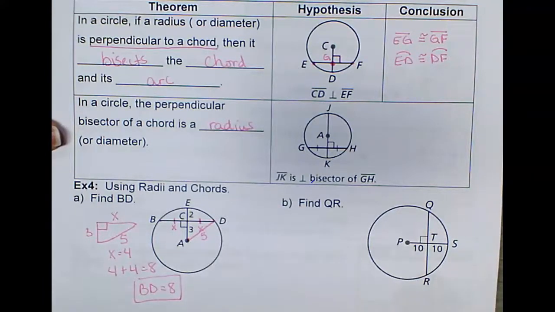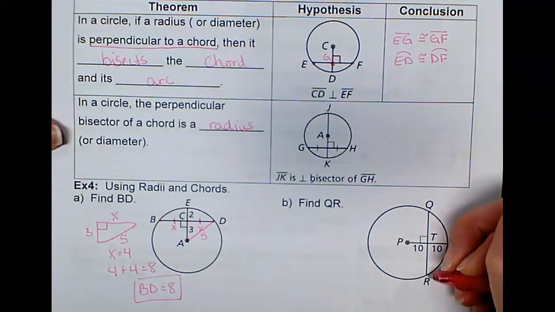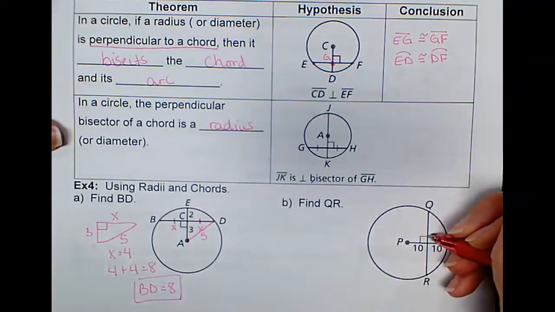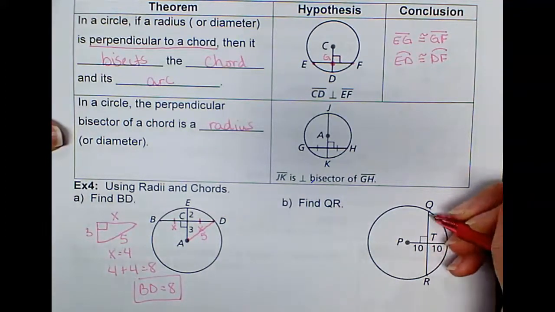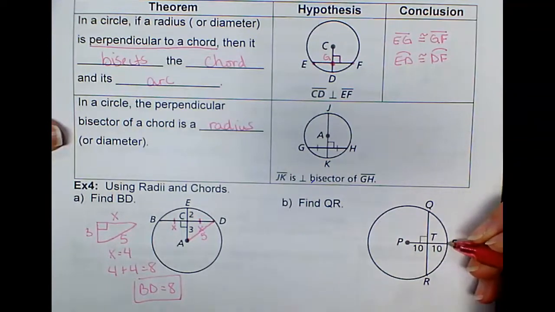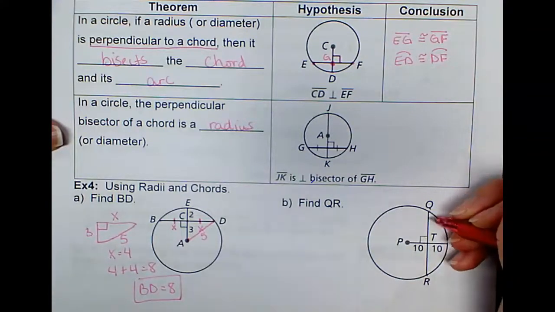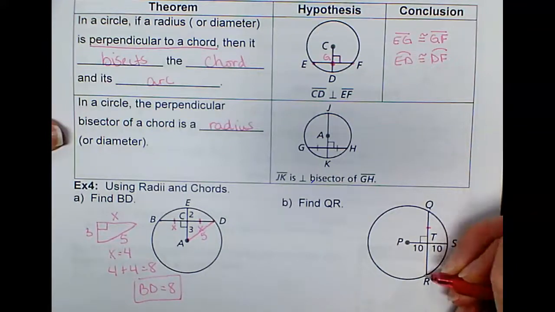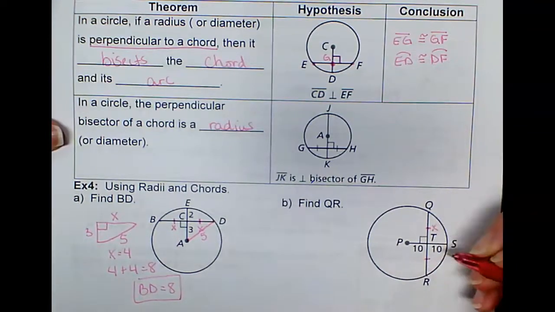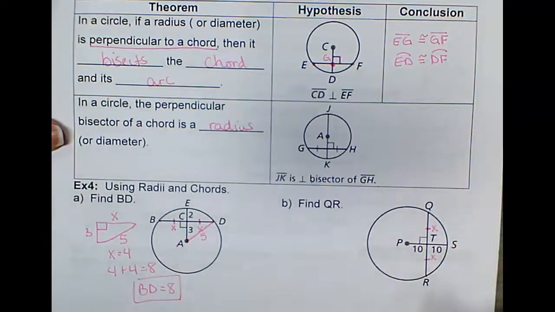And finally, in the last problem, I'm asked to find QR. I have this perpendicular chord to the radius, so that tells me that QT is congruent to TR. If this is x, then I can call this x as well. This radius has a length of 10 plus 10, so that's 20.